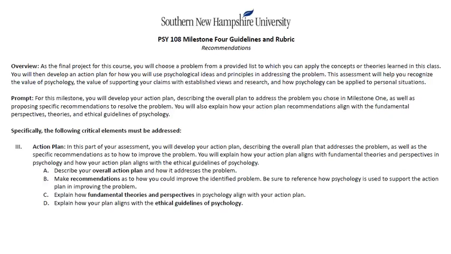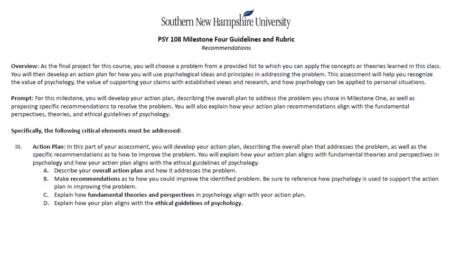Throughout your work on this project thus far, your thinking should be transforming to align with what a psychologist does and how psychologists think. Here you're going to make professional recommendations for the topic, the problem that you selected in Module 1.